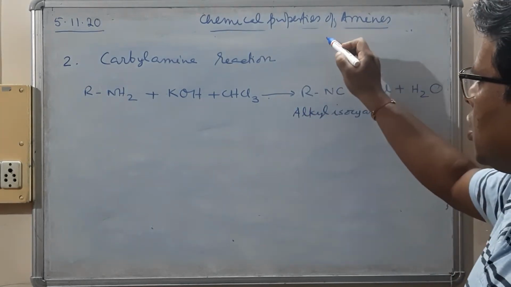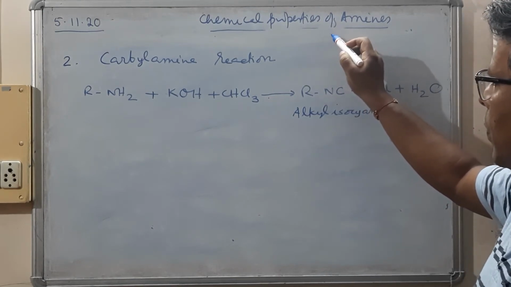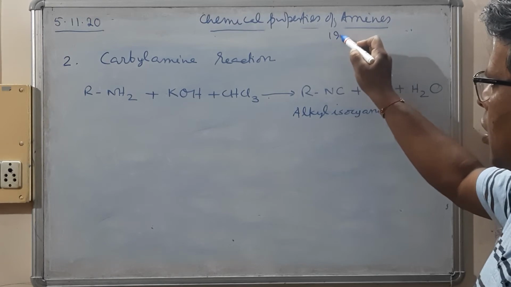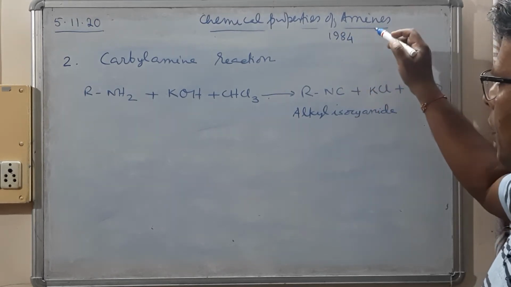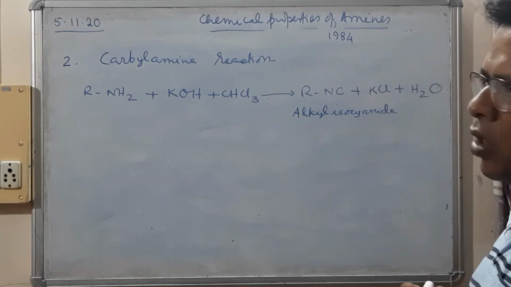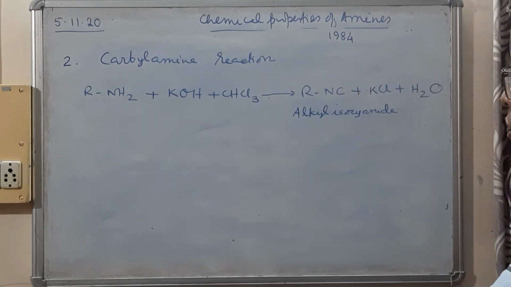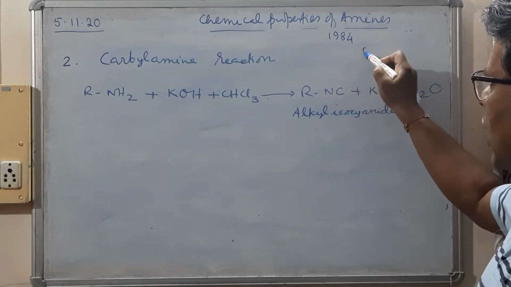One piece of information: there was a major disaster that took place in the year 1984 in Bhopal, capital city of Madhya Pradesh. There in the Union Carbide gas factory, there was a leakage of methyl isocyanate.